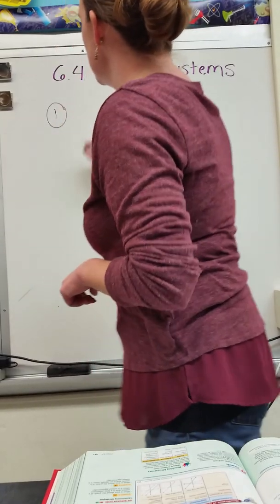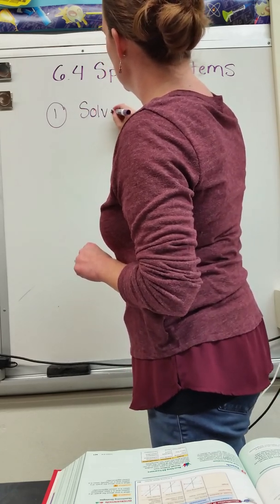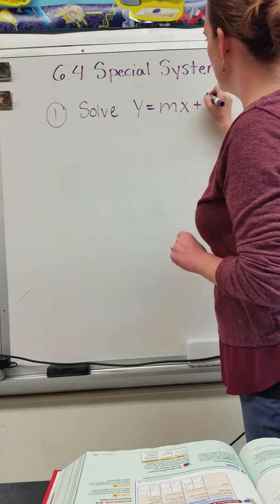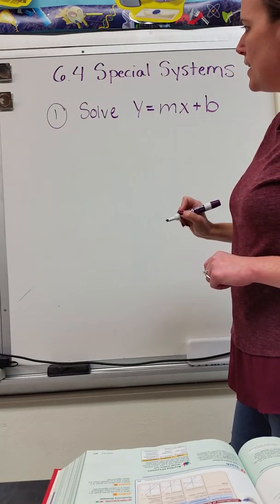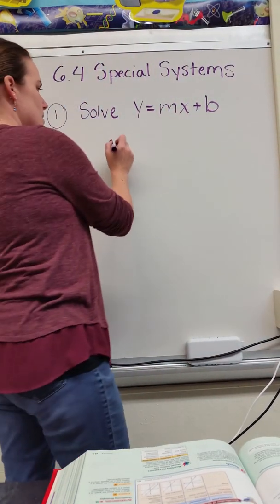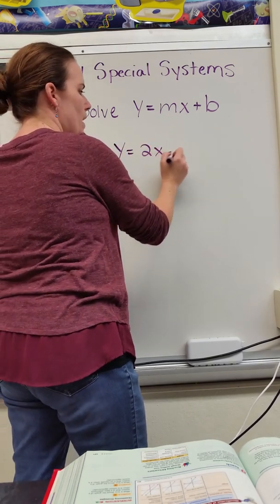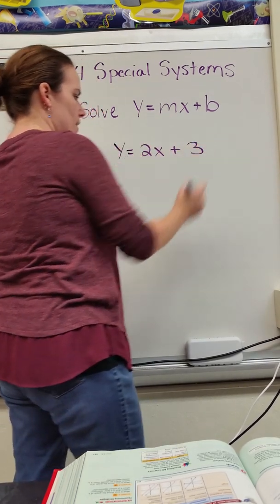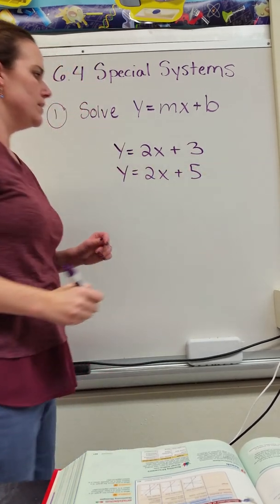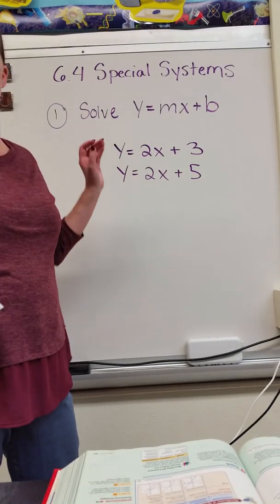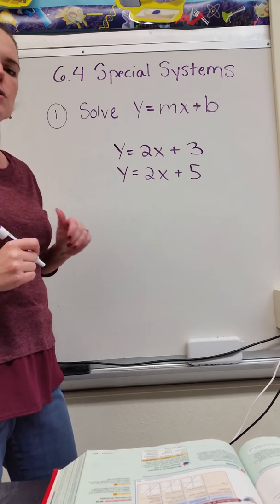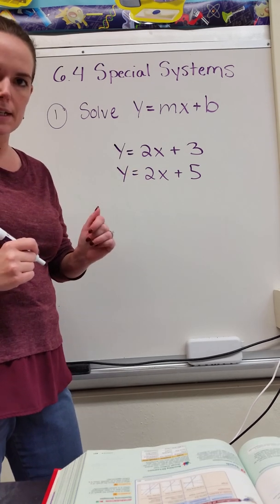The first approach is if you solve and get them both in y equals mx plus b form. So for example, say my system is y equals 2x plus 3, and y equals 2x plus 5. Without doing any solving, I know that this system is going to be inconsistent.